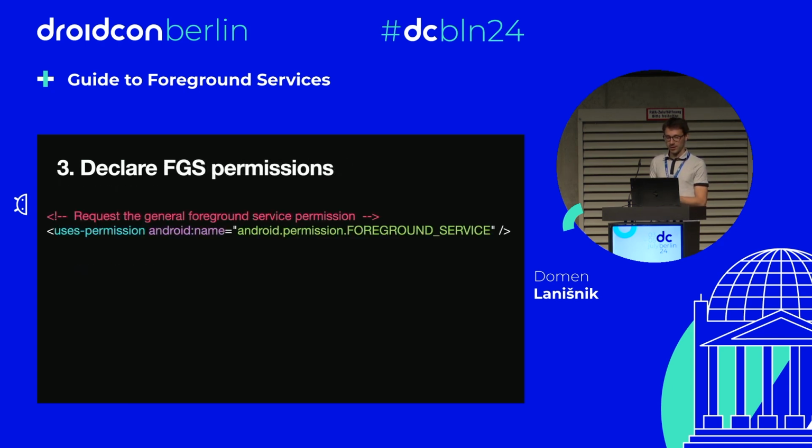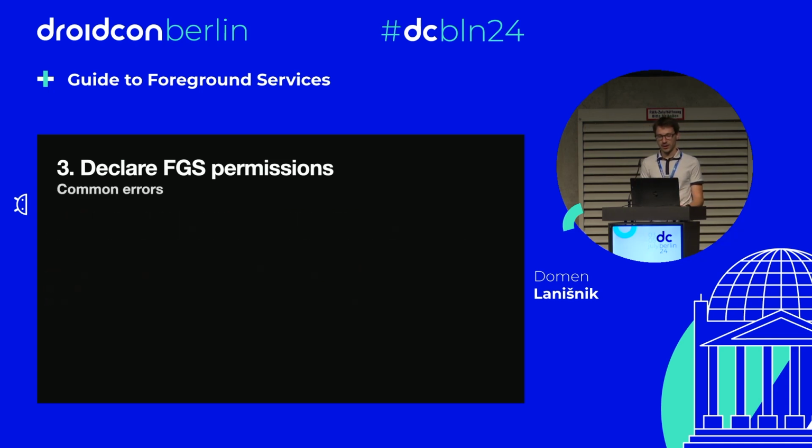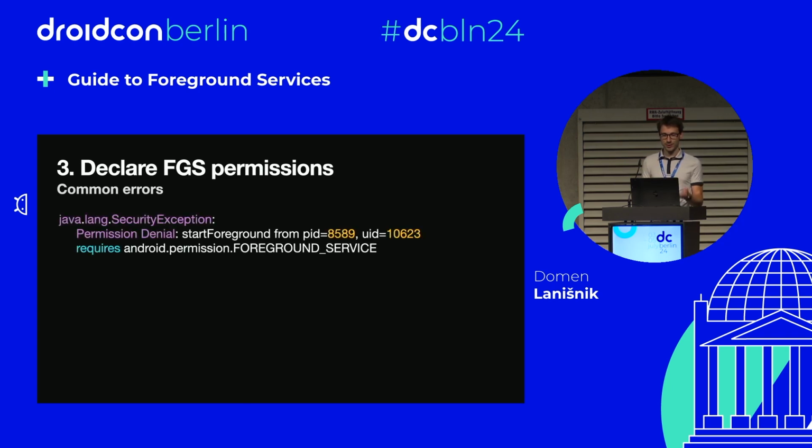Next, we have to declare the foreground service permissions. So the first one is the general one, and then as we said, we also need to define the foreground service type specific ones. So in this case, the foreground service location. Both permissions are automatically granted. If you do not declare the general permission, you will get a security exception in your foreground service.